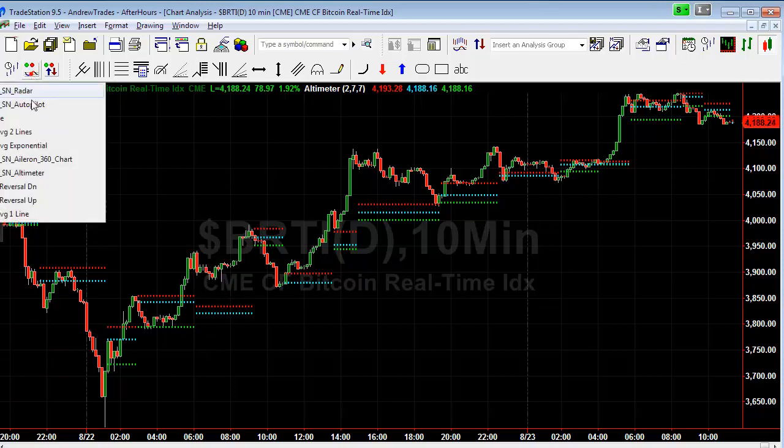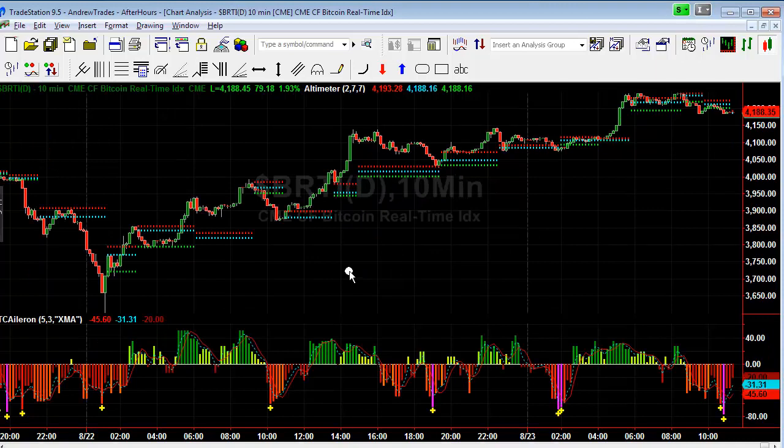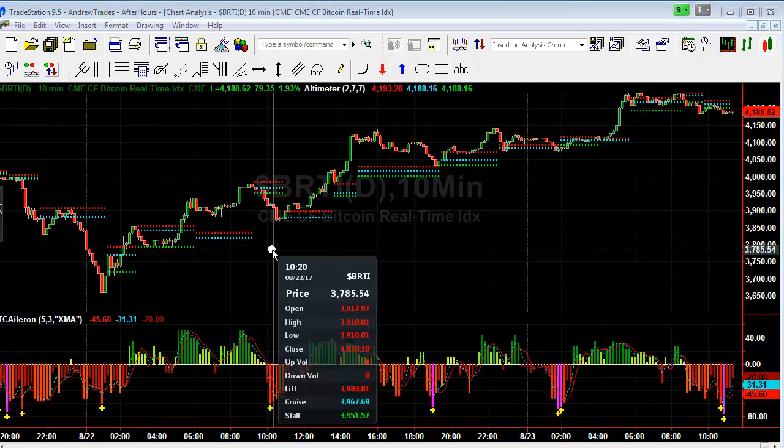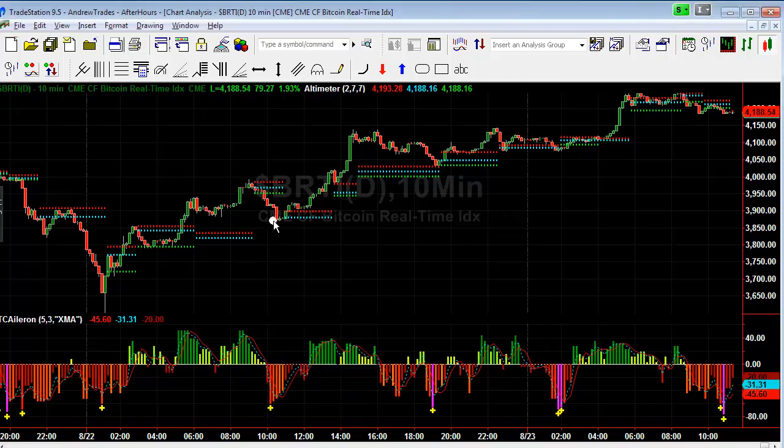We could also add another indicator that we call the aileron, and the aileron gives us oversold and overbought. Again, for Bitcoin it can be used very well, and you can see these areas right here where there is a very oversold condition that correlates really well to a support line bounce, and then it starts moving up.